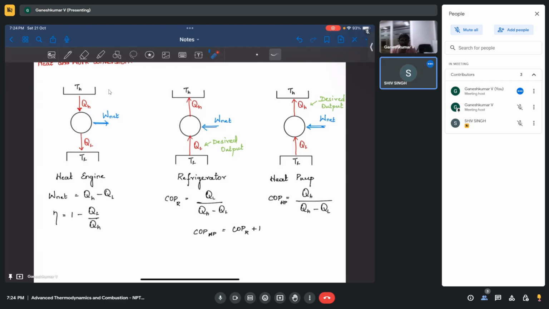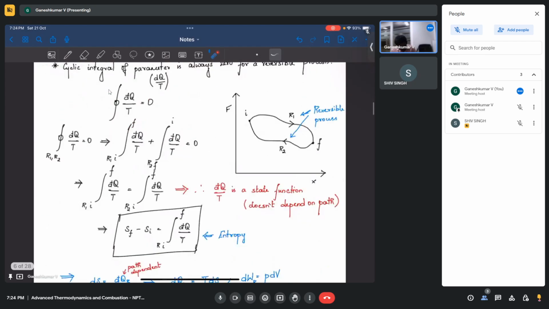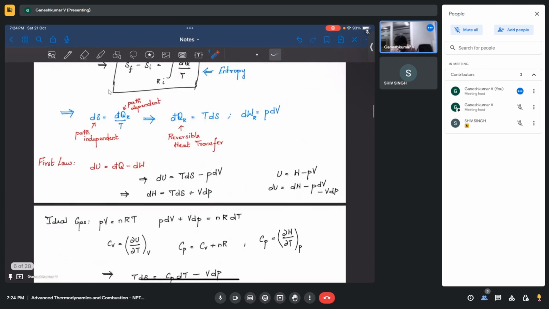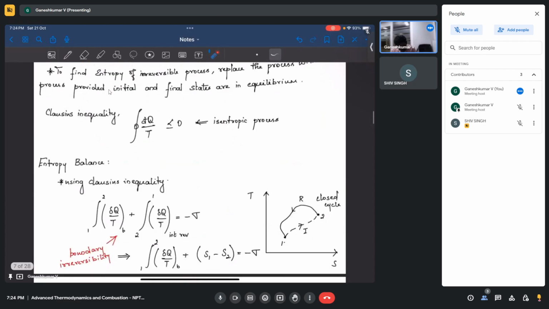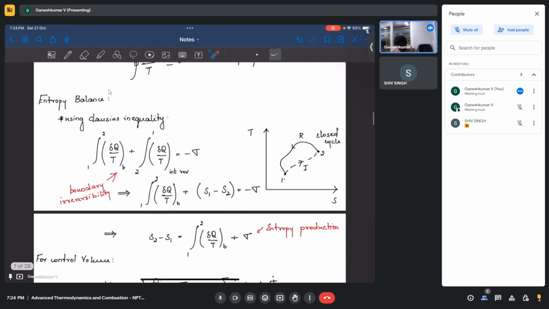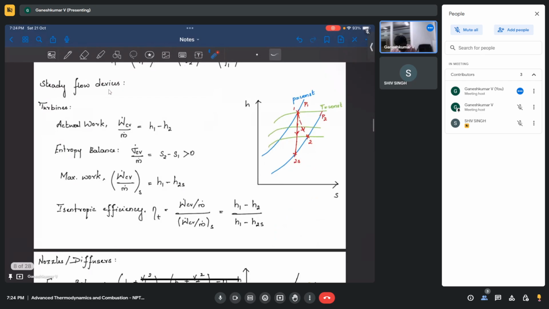Okay, so basically, it is actually not coming from there. It is due to the fact that it's a reversible process. Let me show you. If it's a reversible process, the entropy change would be zero.